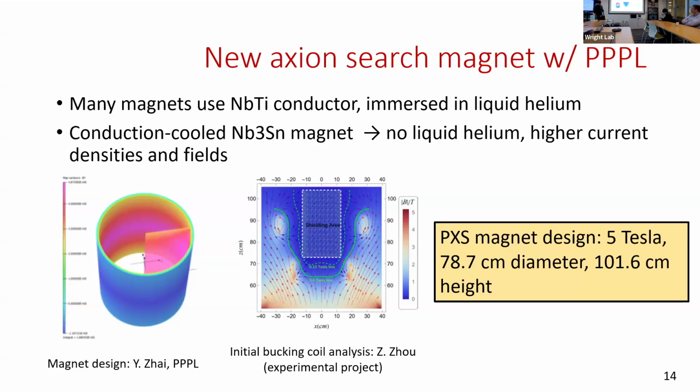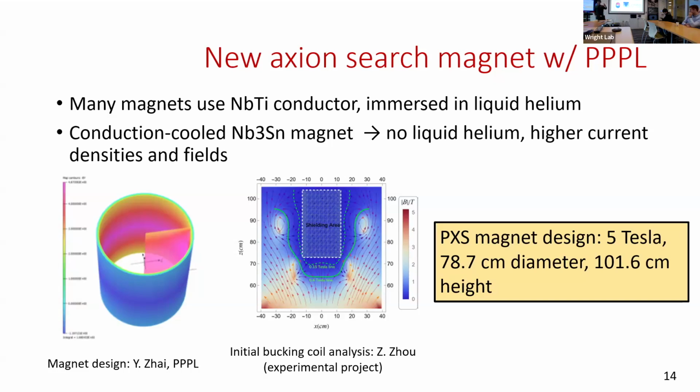Many magnets that we see are made from niobium titanium conductor, and they are immersed in liquid helium. What we are aiming to do with PXS is build a conduction-cooled niobium-3-tin magnet. By virtue of being conduction-cooled, cooled with pulse tube coolers, we have no liquid helium.